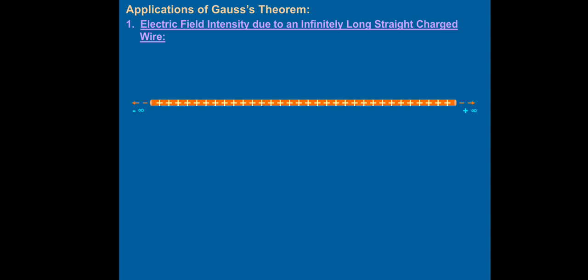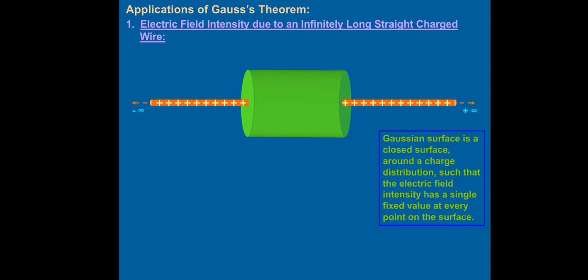Suppose that some charge is given to this, and if we consider a small length of it, let us suppose a Gaussian surface. For this case the Gaussian surface must be like this, which can enclose some charge within the surface.